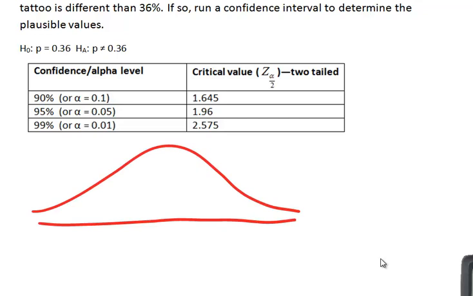If I've got a 90% confidence interval, that means I've got 90% from here to here. What do I have left in the tails? 5% here, 5% there. So I've got 10% left in both tails, and that is my alpha, right? And what's 10% divided by 2? 0.05. That's sort of where that notation comes from.